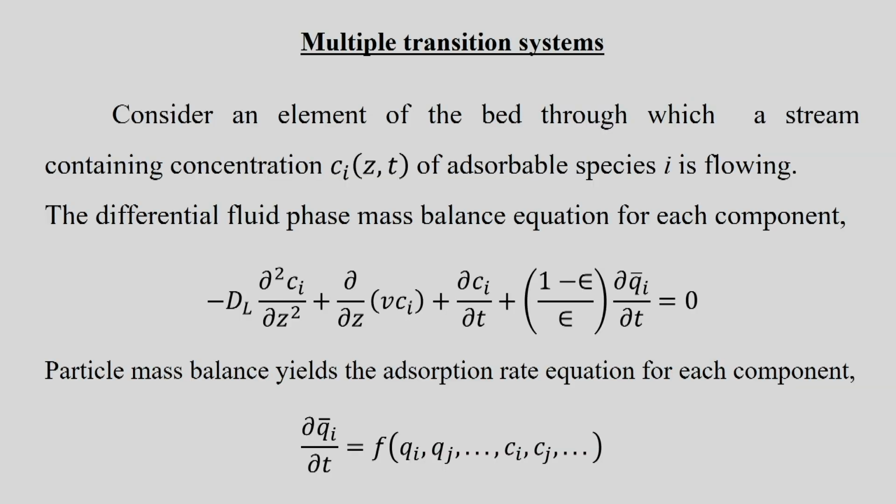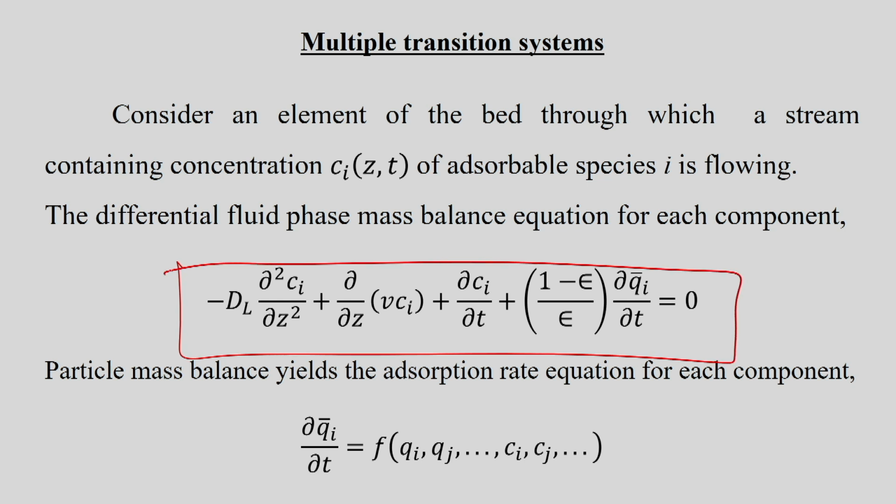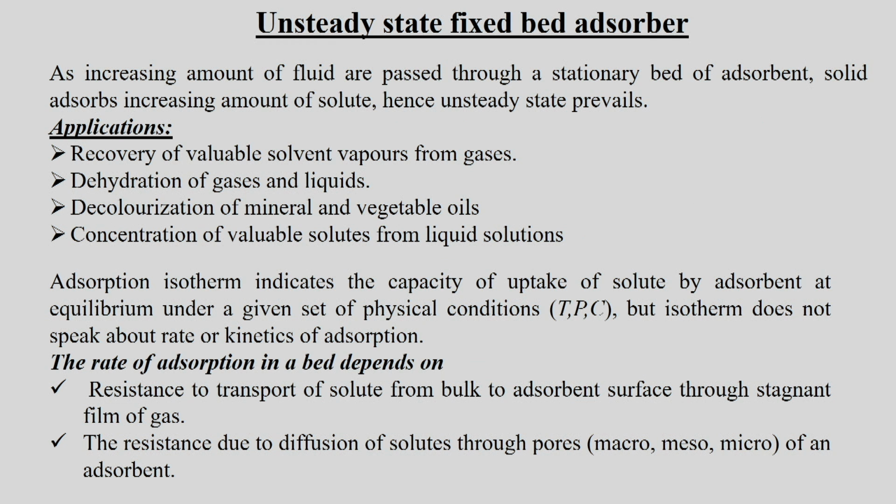And then for the multiple transition system also, we did the component balance like this: minus D_L into ∂²ci/∂z² plus ∂/∂z of (v ci) plus ∂ci/∂t plus (1/epsilon) into ∂qi/∂t, where i is the ith component. So n number of components are present there. Okay.